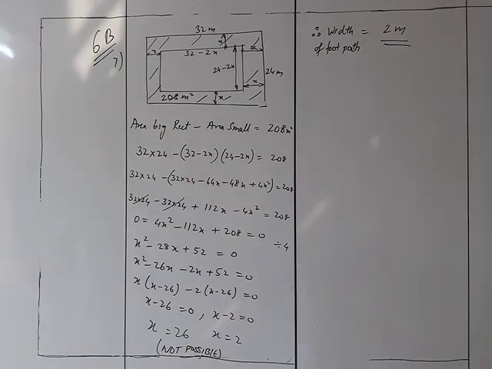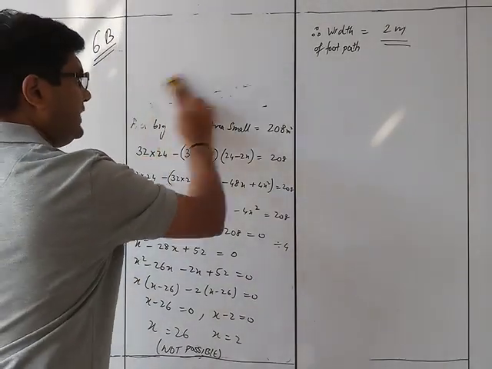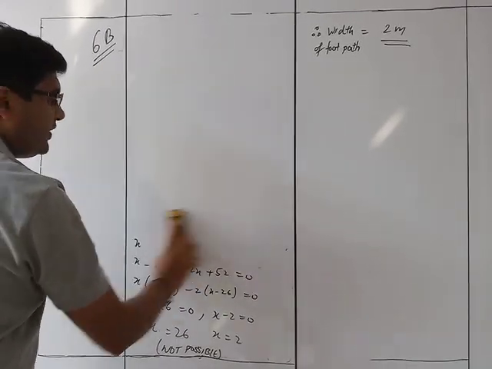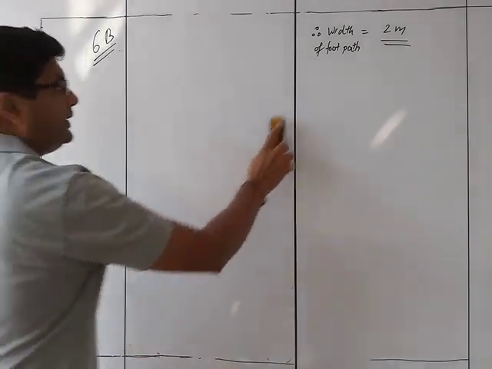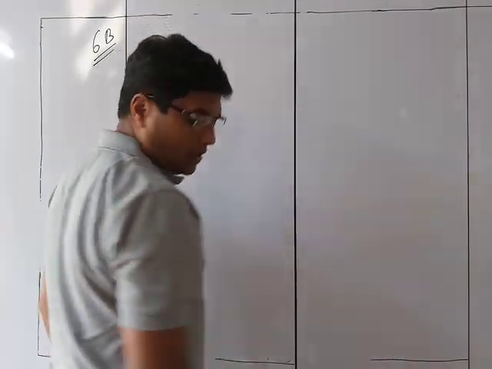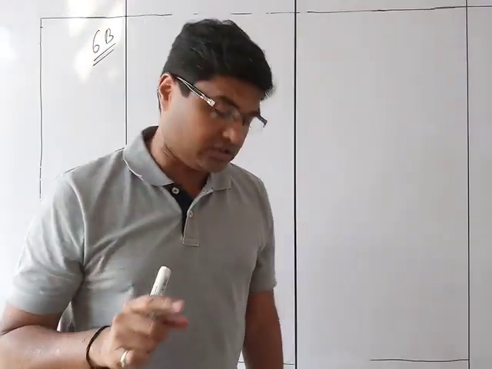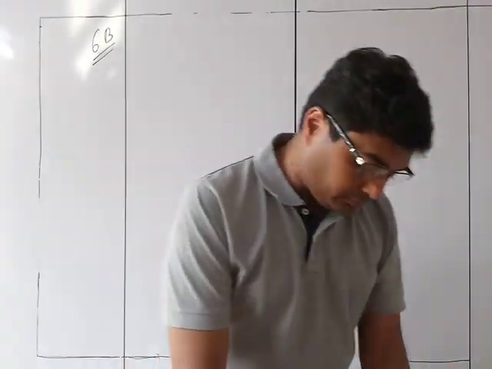Now we come to question number 9. This question is easy, but it has got too many calculations. So you have to be very, very careful from the calculations point of view and take care that you are not making any silly mistakes. Let's see the question.